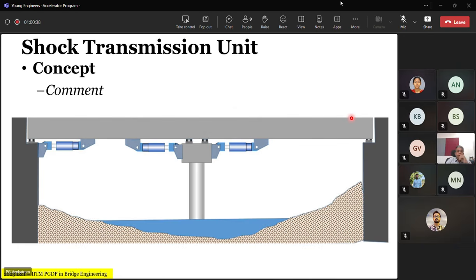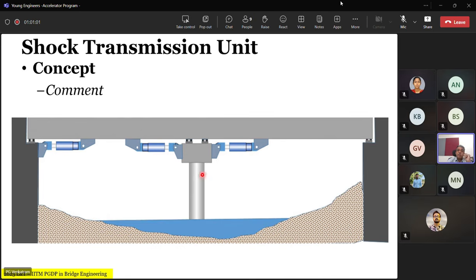Okay, in this case, basically all these bearings that are shown here are elastomeric bearings only. In the absence of the seismic unit, it will be as if it's a floating span.